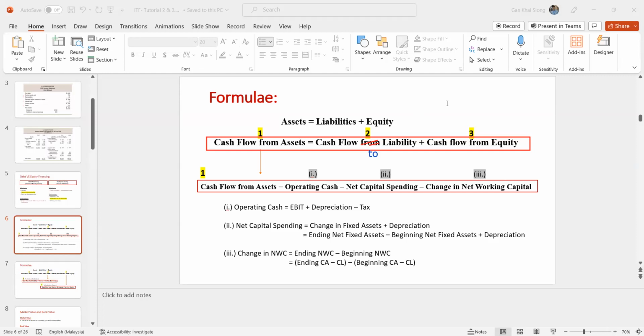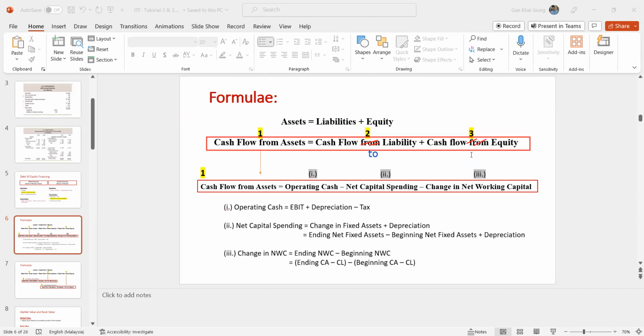So later on, when we do calculation, think about this: the second component means we calculate the cash to pay for creditors. Easier to understand already. Let's do one more example. Cash flow from equity means cash flow in the equity component. Very hard to understand. Don't worry, we change the words. Don't use the word from, it's very confusing. Change the word to.